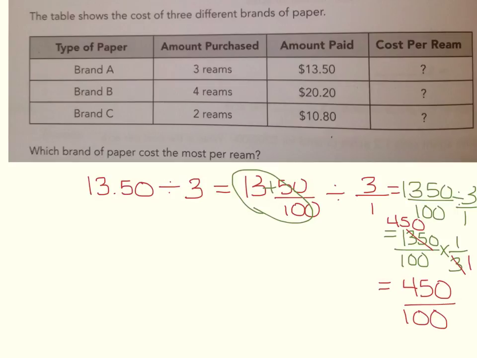Since it's an improper fraction, we need to turn it into a mixed number. So 100 goes into 450 4 times, with 50 out of 100 left over. We want to write this as a decimal, so we have 4 and 50 hundredths. So for brand A, they paid $4.50 per ream. So we'll write that in on the top.